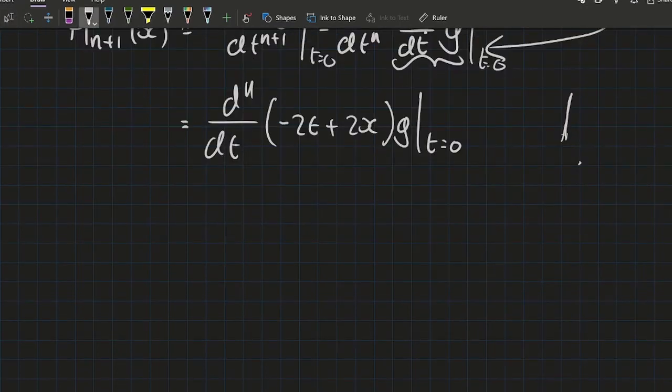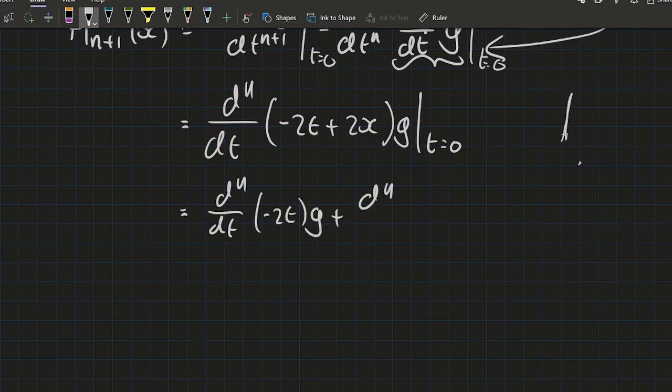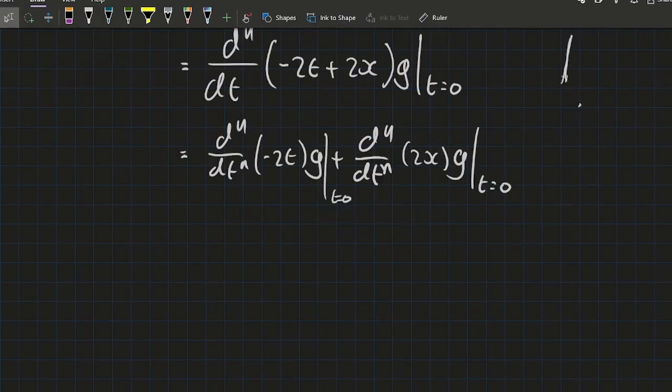We can expand this bracket into two terms, where we have d^n by dt^n of minus 2t times g, at t equals 0, plus d^n by dt^n, again at t equals 0, of 2x times g. x is not a function of t, clearly, therefore this differential operator does not act on it, and it's just 2x d^n by dt^n of g.